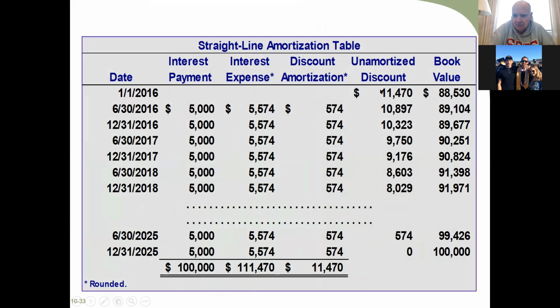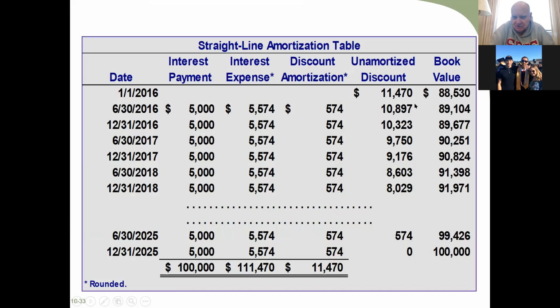What was the net book value when we bought the bond? We didn't get 100,000. We got 100,000 less the 11,470, right? How much was the amortization the first 6 months? 574. So what's happening here?